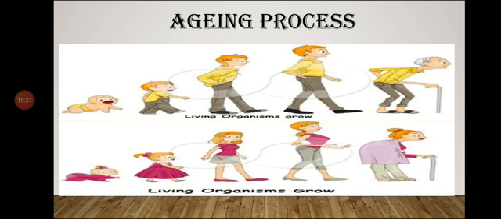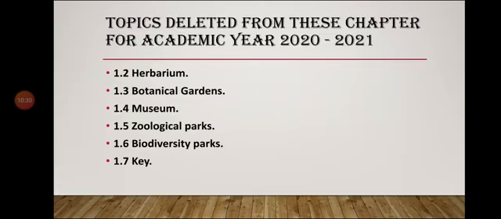After this, the topics included in this chapter are 1.2 herbarium, 1.3 botanical gardens, 1.4 museum, 1.5 zoological park, 1.6 biodiversity park, and 1.7 key.